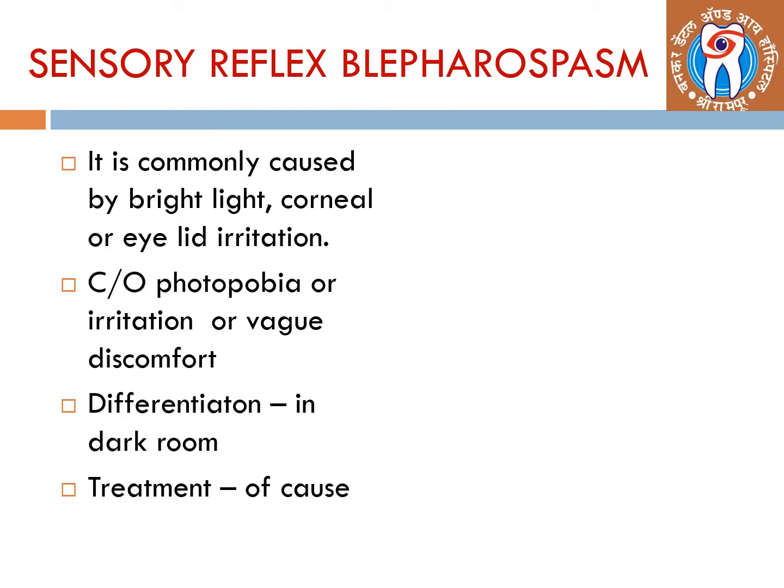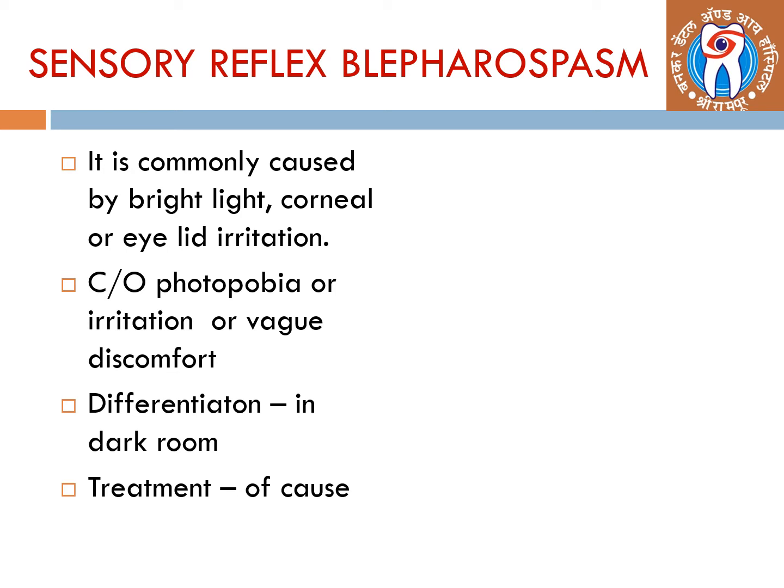Coming to sensory reflex blepharospasm. The sensory reflex blepharospasm is of two types. First is due to bright light in case of inflammation of the uveal tissue or iritis, and second is due to conjunctival or corneal irritation due to a foreign body.